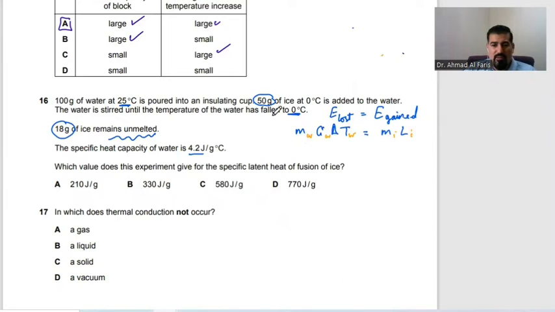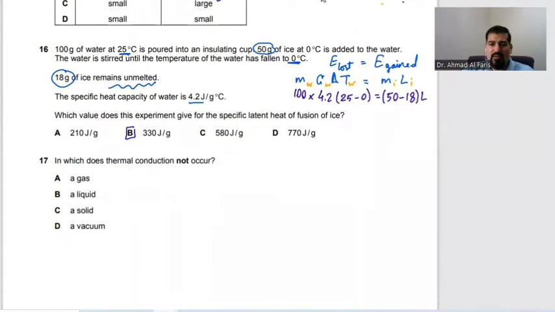The mass of the water is 100 grams, multiplied by its specific heat capacity, 4.2, multiplied by the change of its temperature from 25 to 0, which is 25. This equals the mass of the ice melted, which is 50 minus 18, which is 32, multiplied by L. So L is all of this divided by 32, and the answer will be 330 joule per gram, which is B. Good? Is it clear?